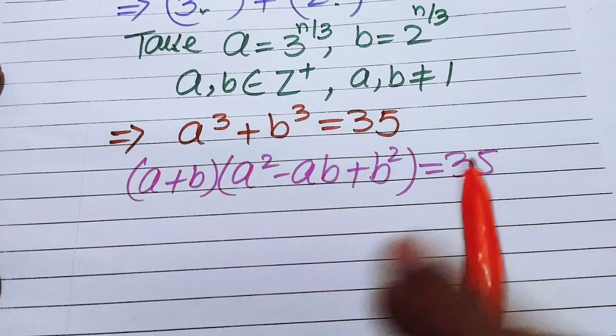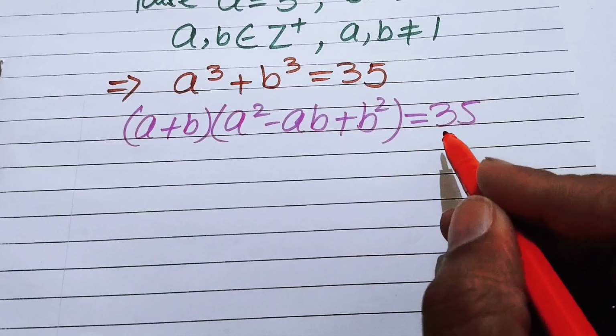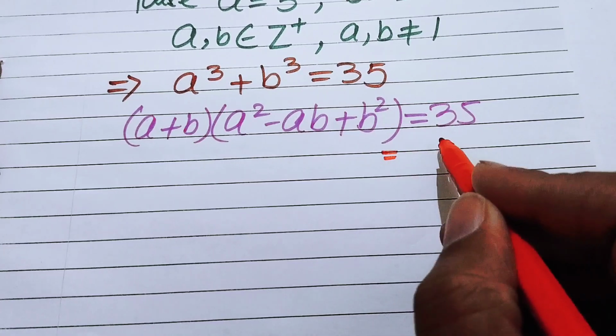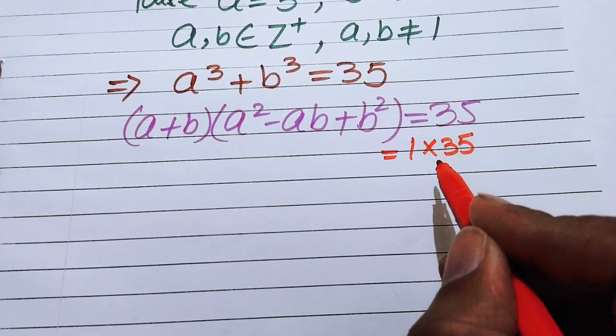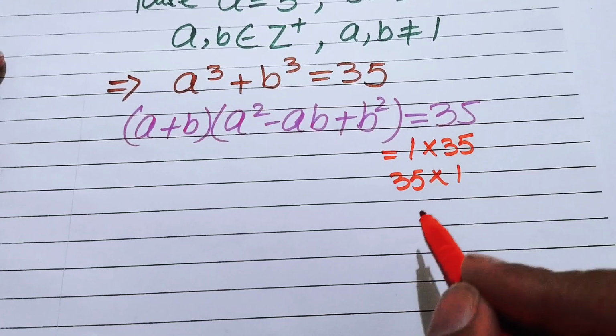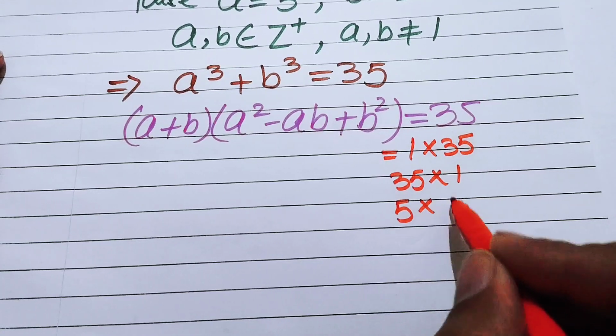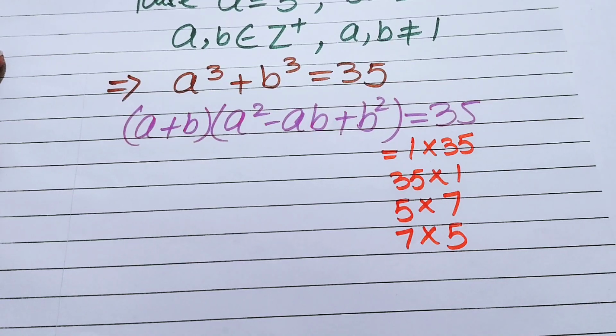So you focus on the right hand side, and the factors of 35 are 1 times 35 is 35, and 35 times 1 is 35, and 5 times 7 is 35, and 7 times 5 is 35.